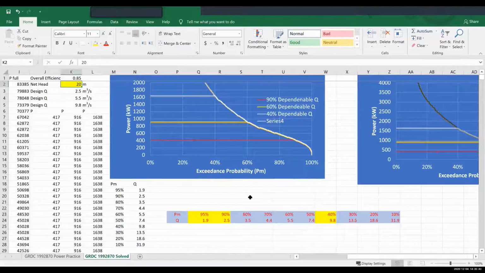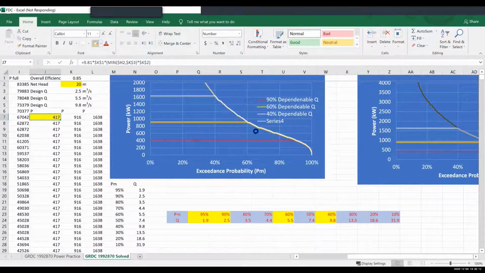Now, if you use 5.5, that is 60% dependable flow, you will get almost 1 megawatt, something like 916. If you use 90% dependable flow, you will get a maximum of 417. But when you have more flow, you will not get any more power.